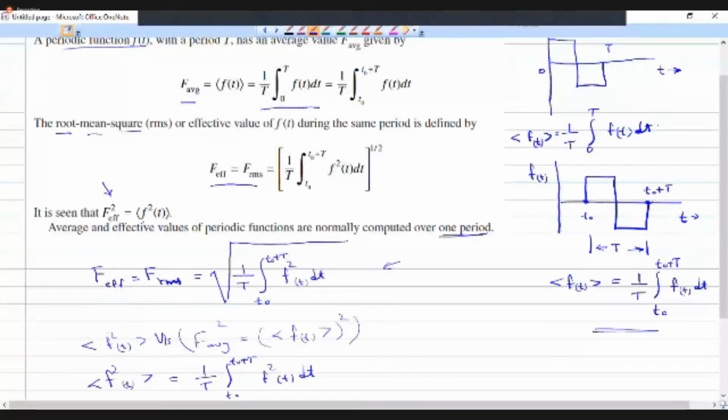We are actually squaring the function and doing this. So this is nothing but our F RMS square, or F effective square. That is a relationship you can establish by comparing these two results. Only here there is one square root. So when we take the square, that radical will disappear.